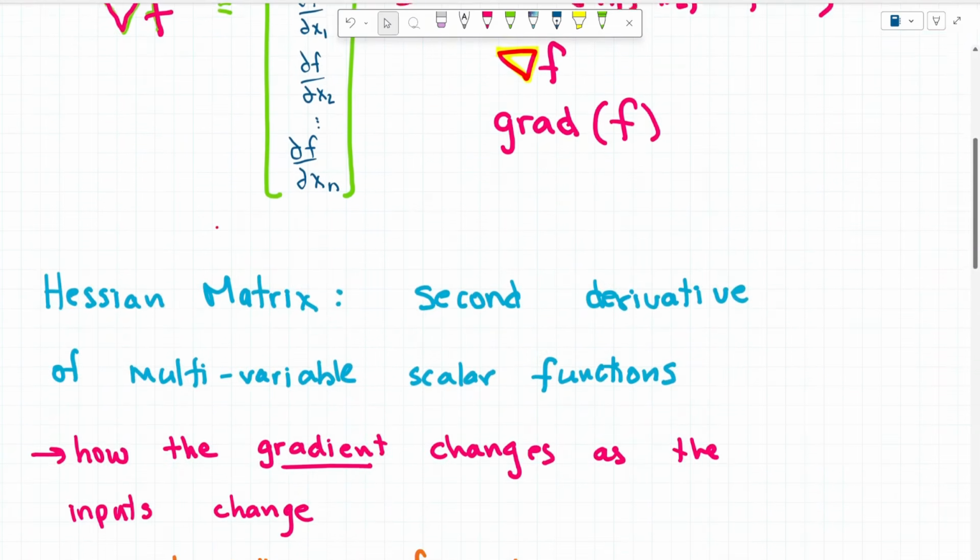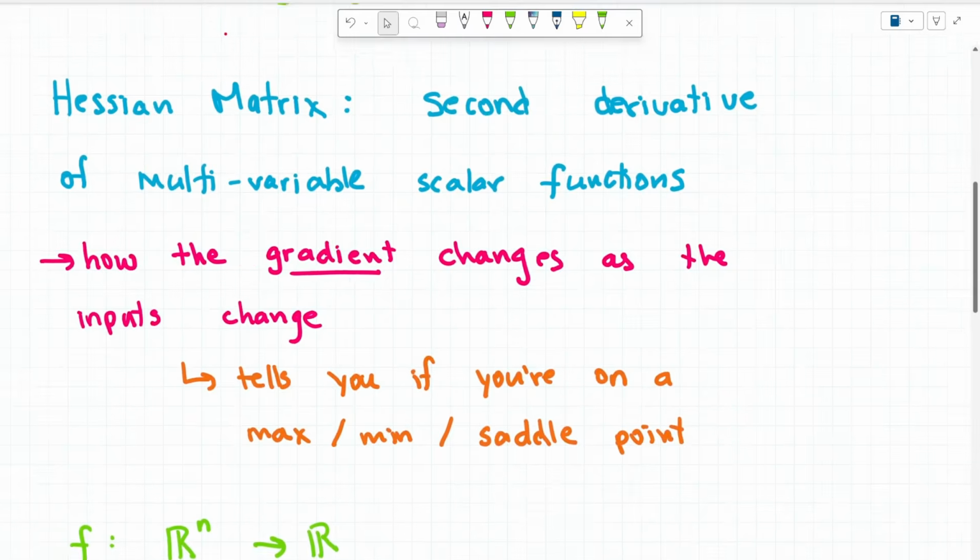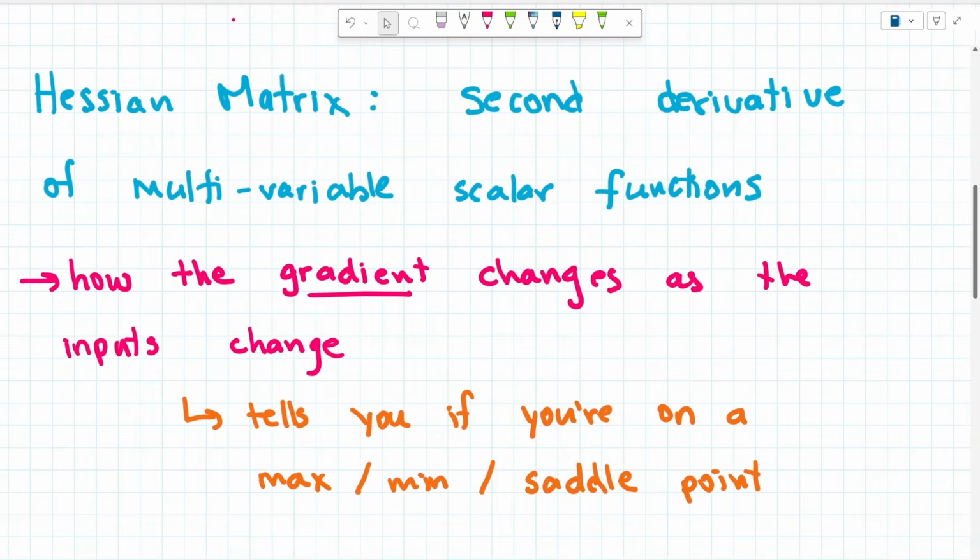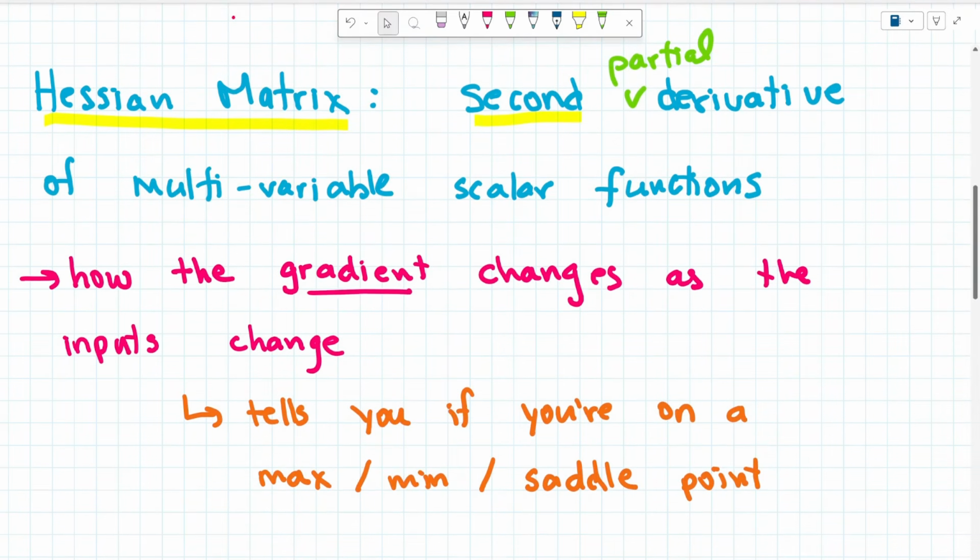Okay, so what if we have second derivatives now? That's when we come to what we call the Hessian matrix. The Hessian matrix is a collection of second order partial derivatives of a multivariable scalar function.